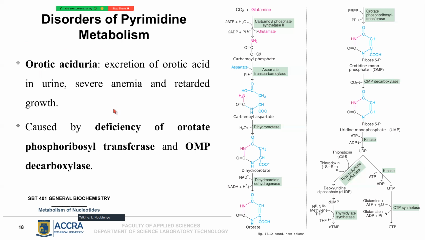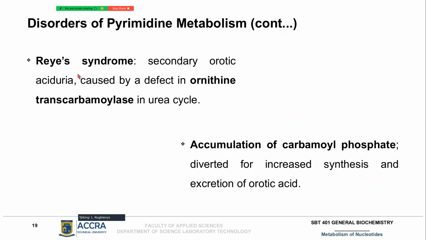In the case of purines, we saw hyperuricemia because it was uric acid which was accumulating. Here we have orotic acid accumulating. Then there can also be, similar to what we saw with uric acid, a similar thing with orotic acid, referred to as Reye syndrome.